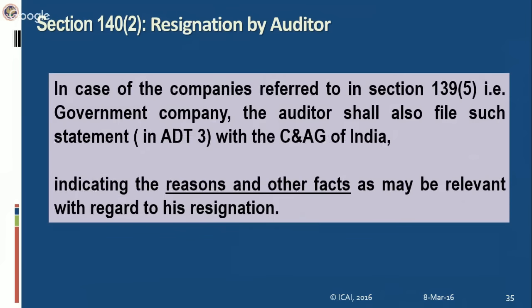In case of such companies which are referred to in section 139(5), that is government company, the auditor has got additional responsibility. He shall also file such statement in ADT3 with the CAG of India, indicating the reasons and other facts as may be relevant with regard to his resignation.